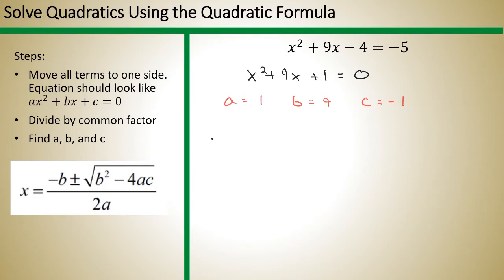So we have x is equal to -9 plus or minus the square root of b squared minus 4 times a times c. And c is actually +1.